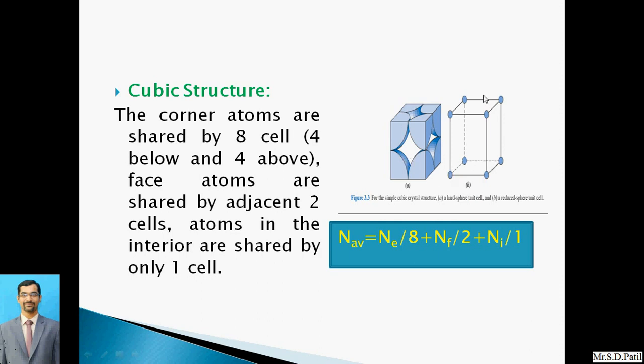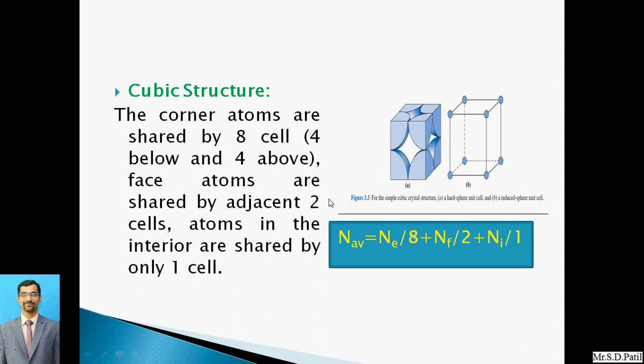So 4 below and 4 above, the atoms are shared by the 8 cells. This one atom is shared by the 8 cells. This is related to the corner atoms.